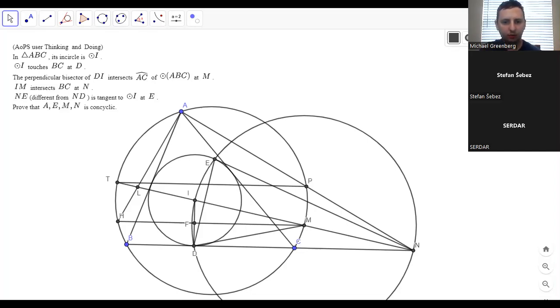All right, so we want to show they're parallel. Maybe you could show the distance from P to BC is the distance from T to BC. I'm not exactly sure how we would do that.